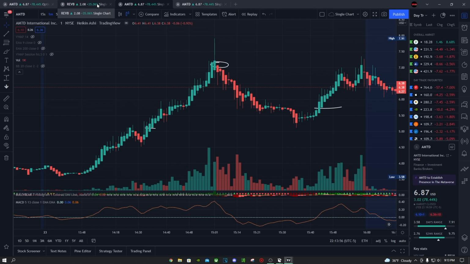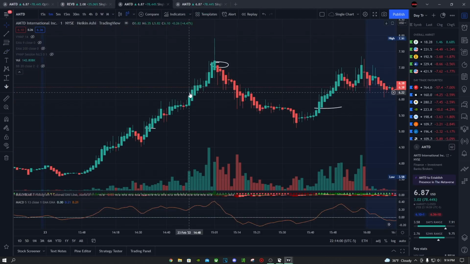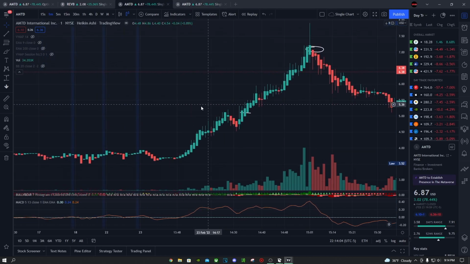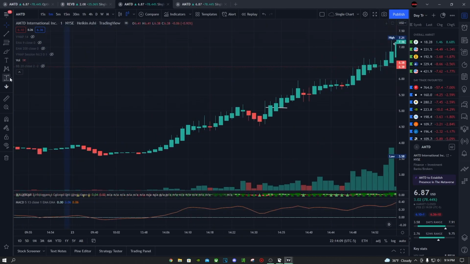So I like to use a mix. Feel free to use a mix of regular candles and these, because Heikin Ashis don't actually show the exact price. Let's look at this candle right here, this middle one. That's at 14:32 in the time.